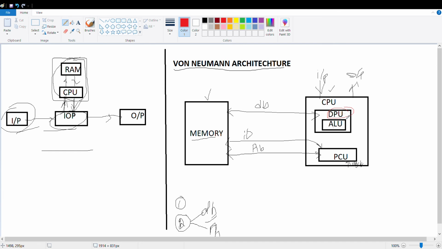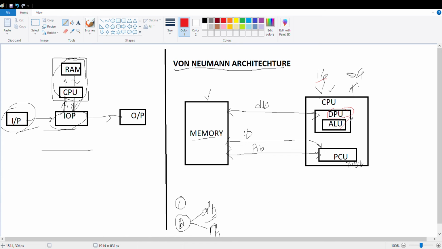Bulk of data that we are giving through the input will be processed by the data processing unit, and the register set stores intermediate data used during the execution of instructions. And what does the ALU do?